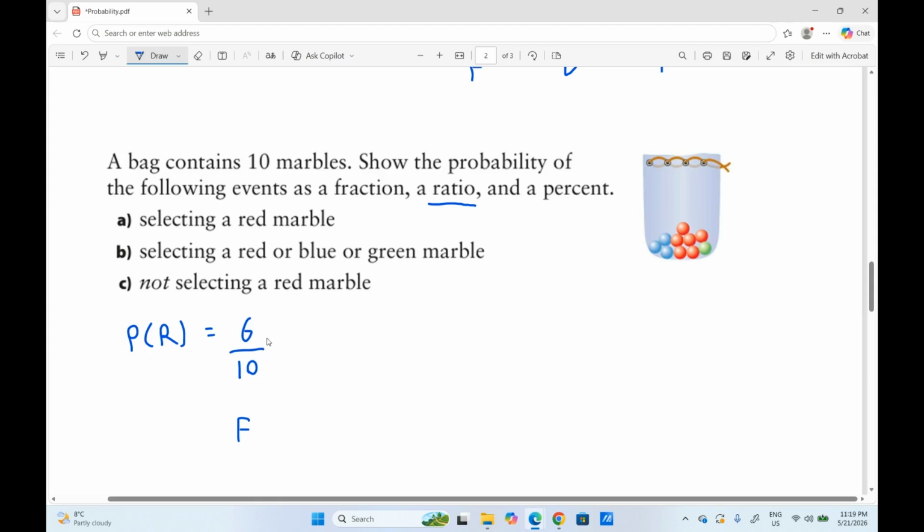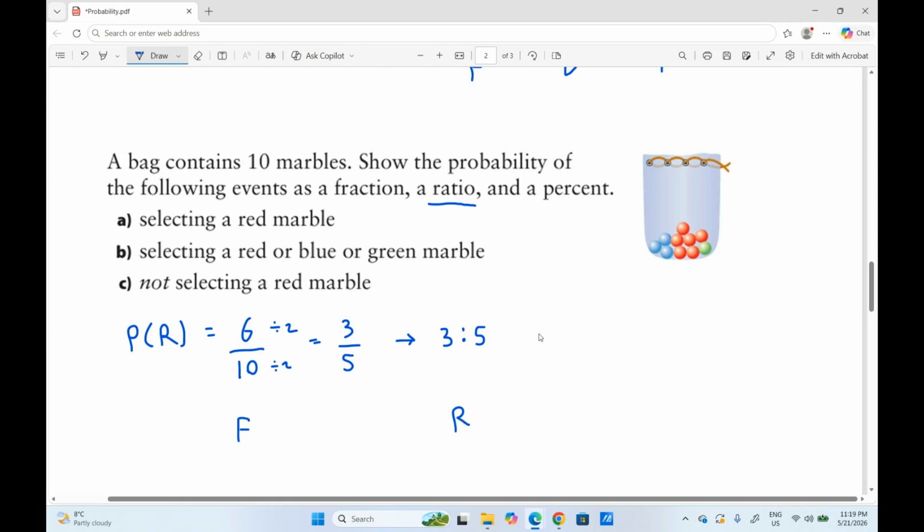Now I can also simplify this by dividing both the top and bottom by 2. If I do that, I'm going to get 3 over 5. So 3 over 5 is my simplified fraction. Now, after that, I want to find the ratio. So the ratio could just be 3 colon 5. So that's my ratio right there.